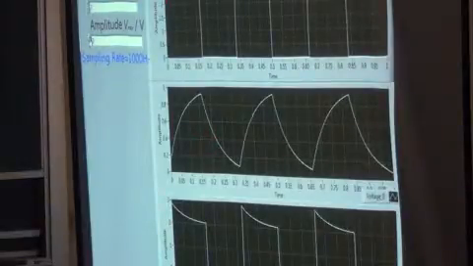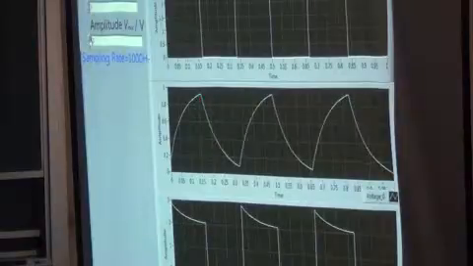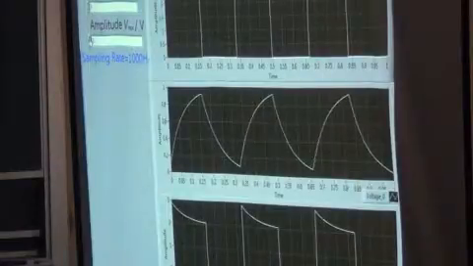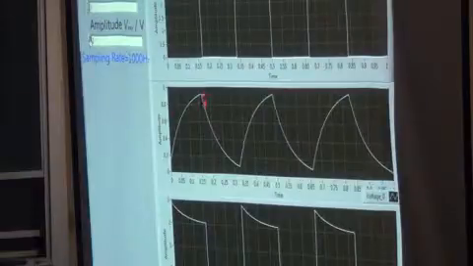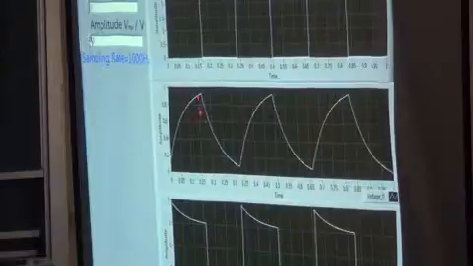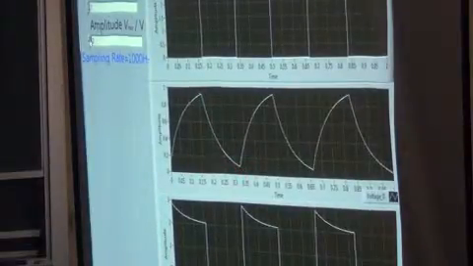When this pulse is on, the capacitor is charging, the voltage across the capacitor is rising in an exponential function. The time constant for this rise is equal to the resistance times the capacitance. It rises. Then I switch off the pulse, the capacitor starts to discharge. When the capacitor starts to discharge, the voltage across the capacitor, which is proportional to the charge, drops, and it starts to go towards zero.